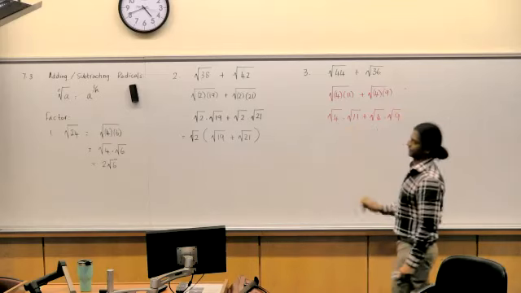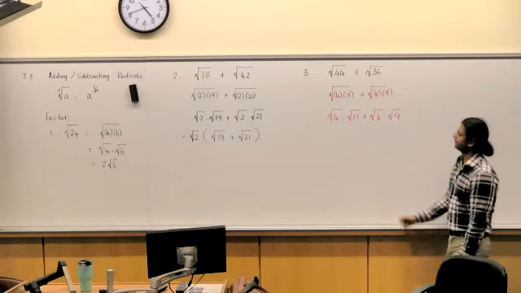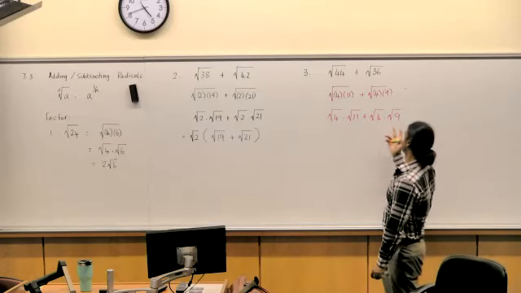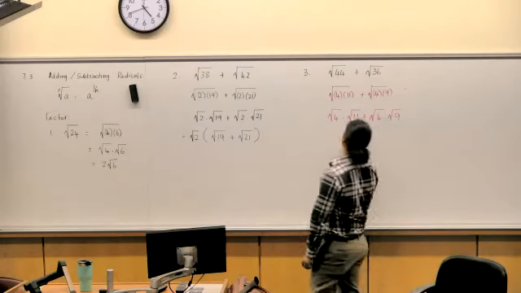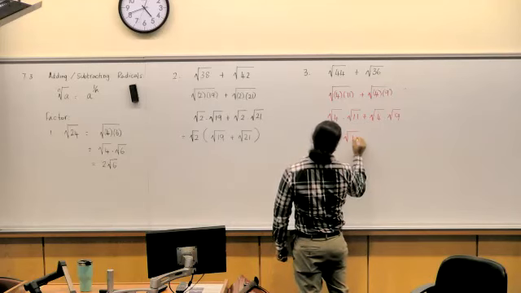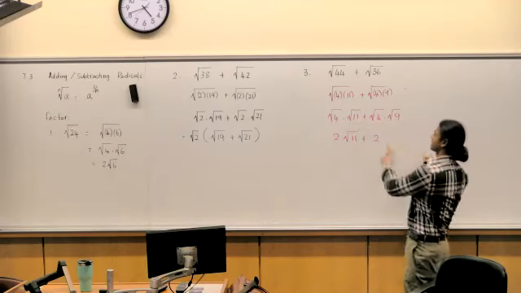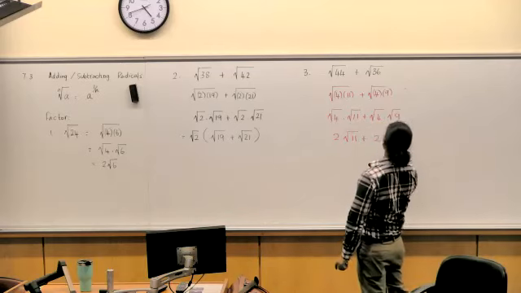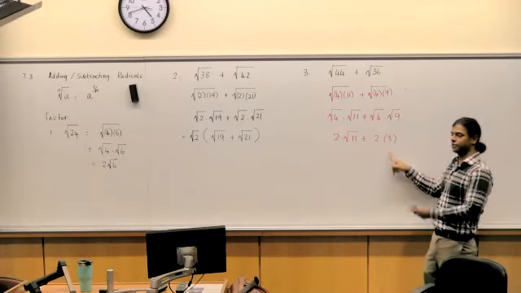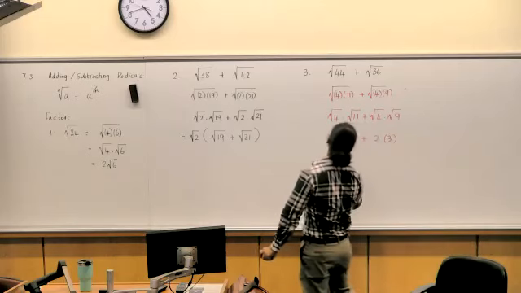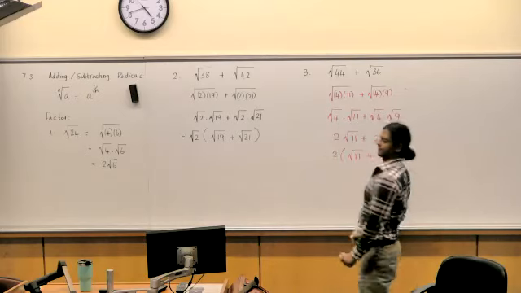I'm going to split the root and write it as square root of 4 times square root of 11 plus square root of 4 times square root of 9. Square root of 4 is 2, and square root of 9 is 3. What do we have in common between those two terms? 2. If I pull that out, I'll have square root of 11 plus 3.